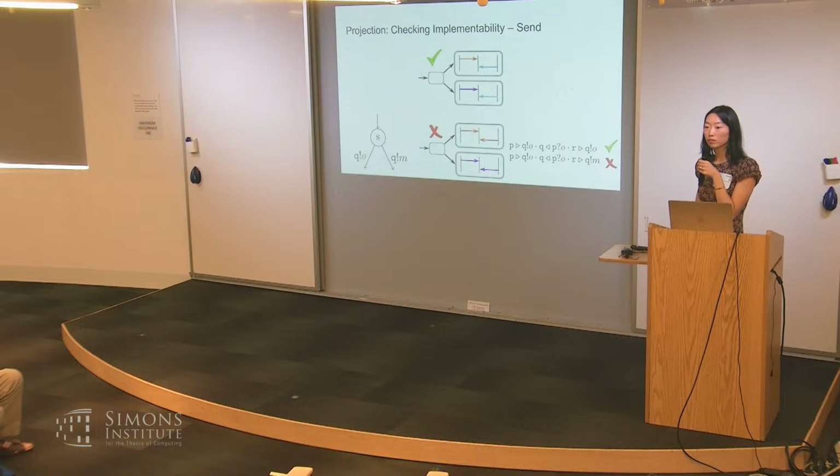Local choice would be that the left role would inform the middle and the right one about the branch. Yeah, but here you don't have it. But it happens so that the right role is innocuous to the choice. Okay, maybe then later.